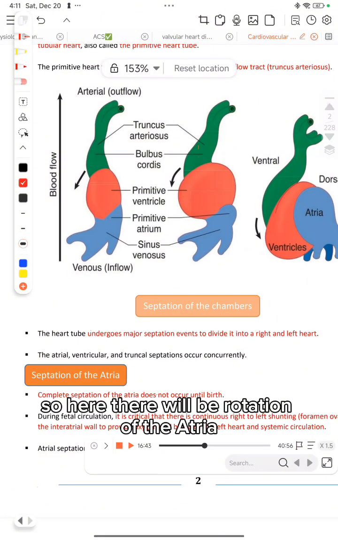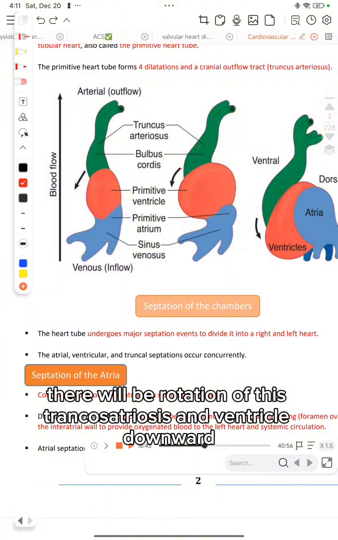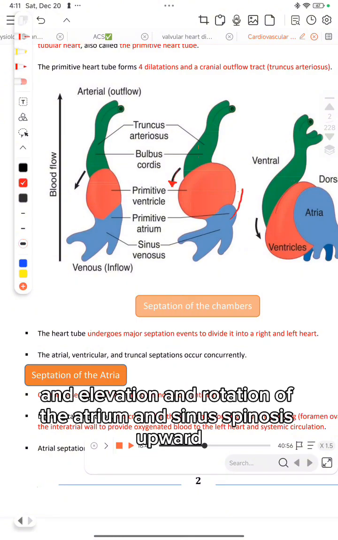So here there will be rotation of the atria. There will be rotation of this truncus arteriosus and ventricle downward, and elevation and rotation of the atrium and sinus venosus upward.